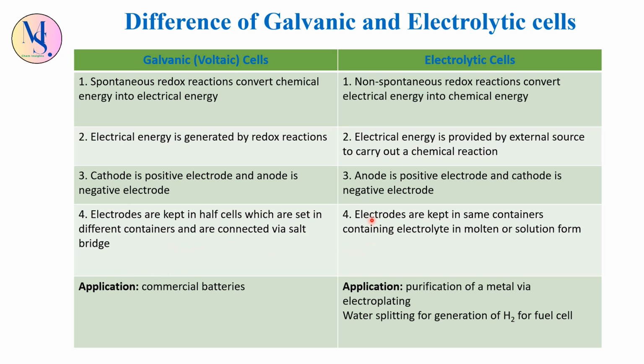While in the electrolytic cell, electrodes are kept in the same container containing electrolyte in molten or solution form. The application of galvanic cell is in commercial batteries, while the electrolytic cell may help in the purification of a metal with the help of electroplating or generation of hydrogen for fuel cell during water splitting.